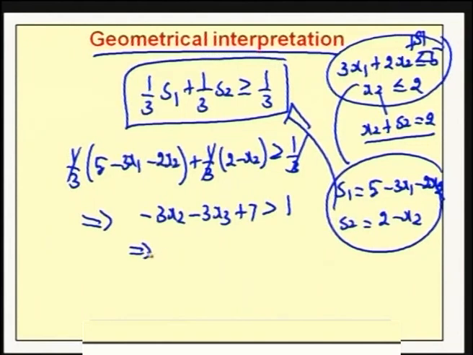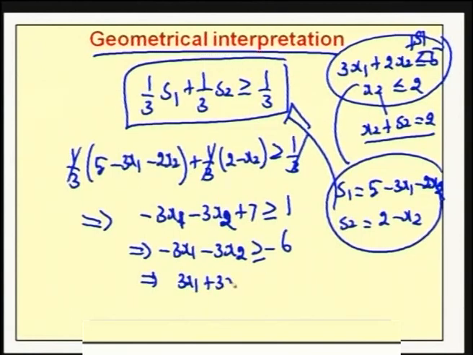So, we rewrite it as minus 3 x 1 minus 3 x 2 greater than or equal to minus 6. Now, we rewrite this as 3 x 1 plus 3 x 2 less than or equal to 6, which gives us x 1 plus x 2 less than or equal to 2.